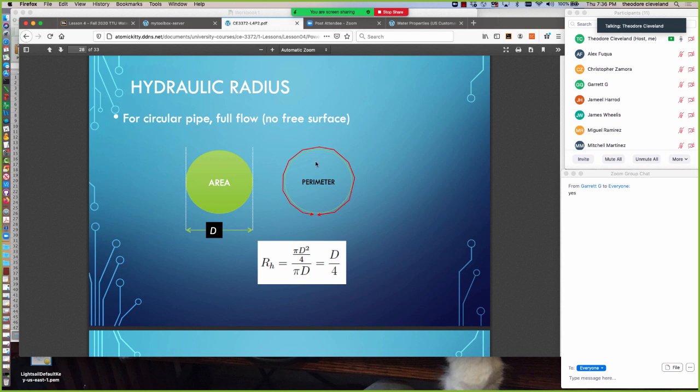The ratio of those two is the hydraulic radius. And it turns out that for a circular pipe that's full, the result is the geometric diameter divided by 4 is the hydraulic radius. And so that's what's used in the discharge form of the Hazen-Williams formula that I presented earlier.